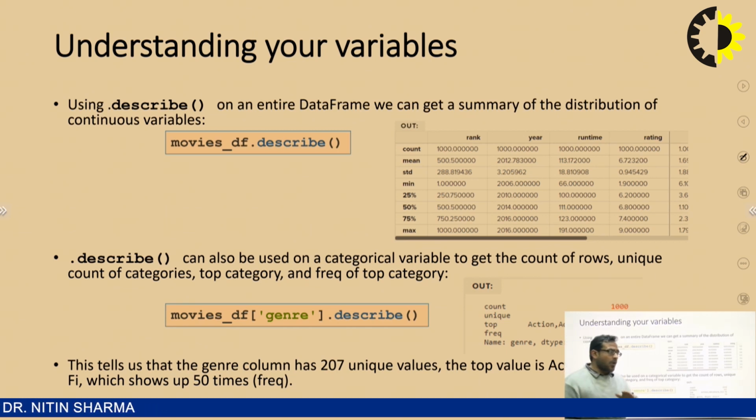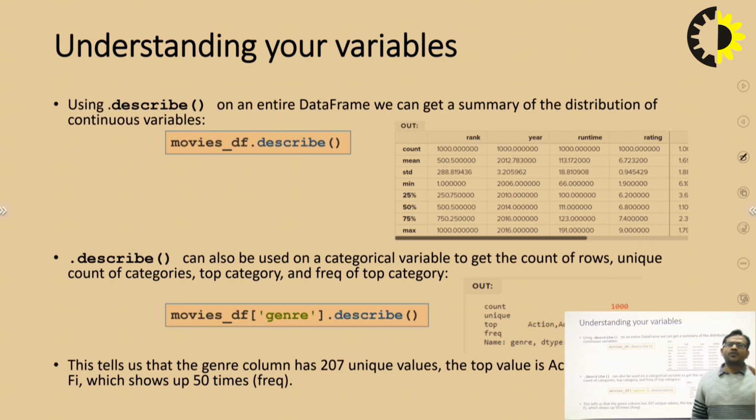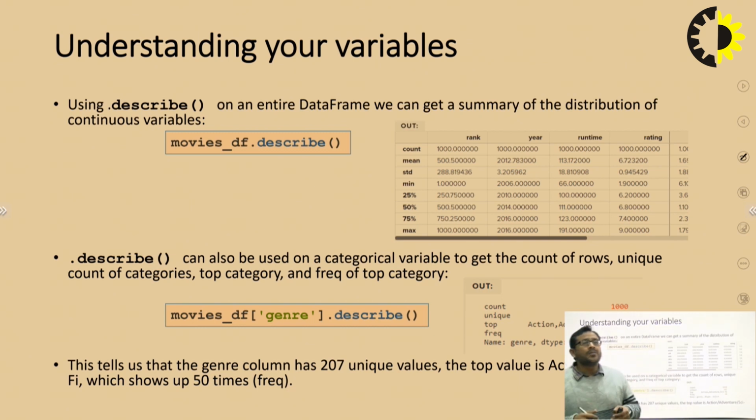Describe is a function which basically gives statistical information about the data set, right? And it only gives the statistical information for integer or float type columns. If there is a column with object type, it does not give describe information, because it only gives statistical information, and that comes only from numerical values like integer or float, right?